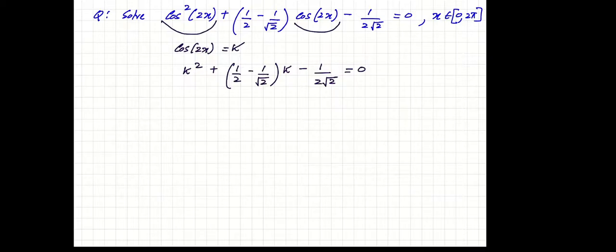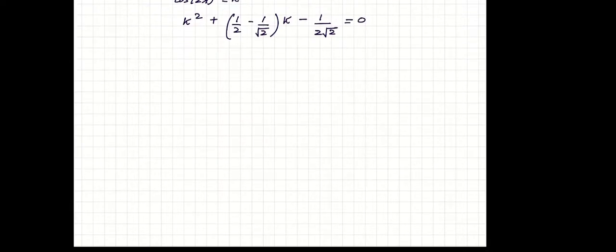So understand that. So quadratic, but quadratic is coming in cos form, seemingly complicated. Have the intention to convert that in terms of k by that substitution. Okay, then this is nothing but 1 divided by 2 times 1 divided by square root 2, right?